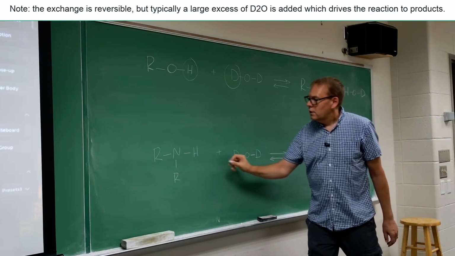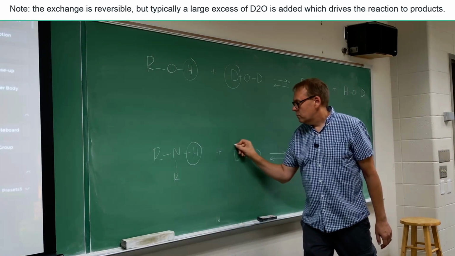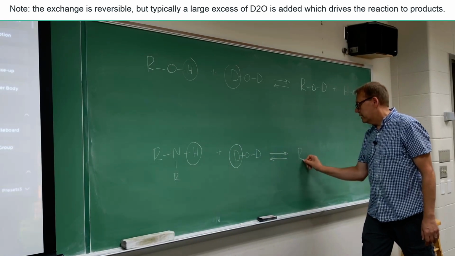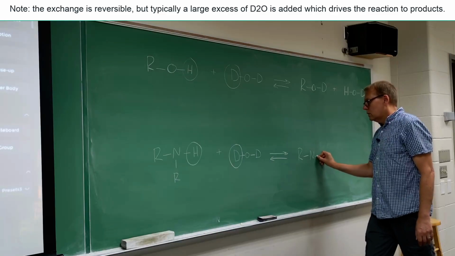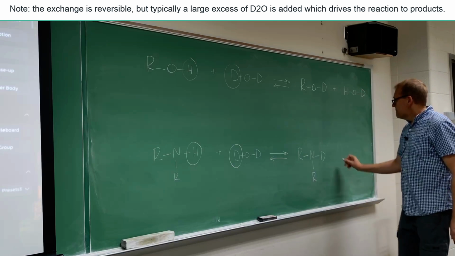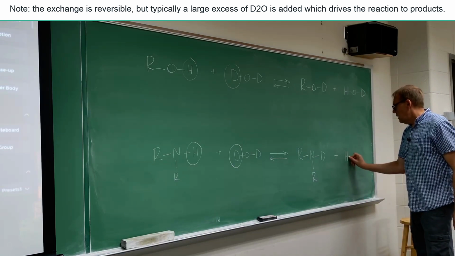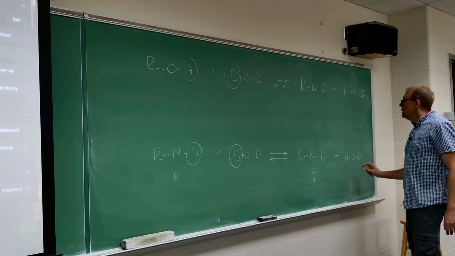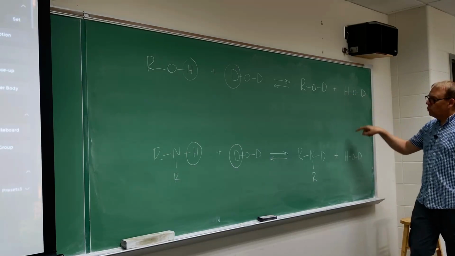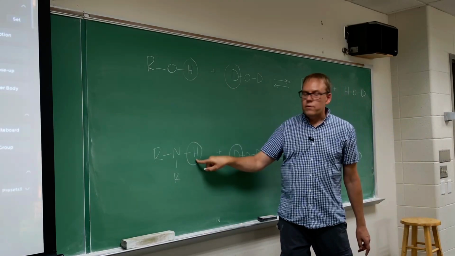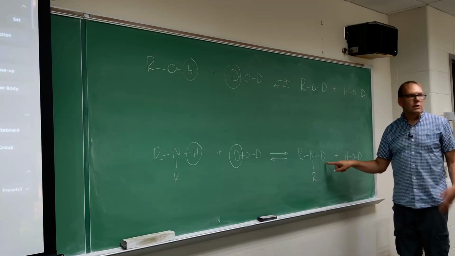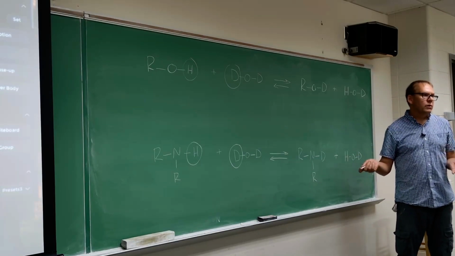Similarly down here, when you put an amine in with D2O, these two exchange rapidly in a reversible fashion, and you get a deuterium in place of the hydrogen on your amine, and then another HOD. You might see a new peak for the HOD, but what'll happen is the OH or the NH will disappear because it becomes a deuterium, and deuterium doesn't show up in a proton NMR. So that's why this works.